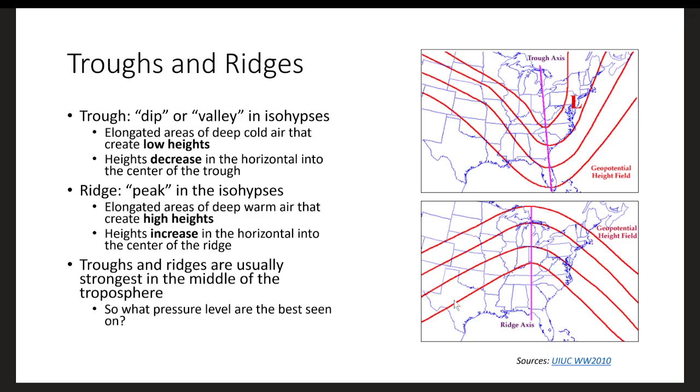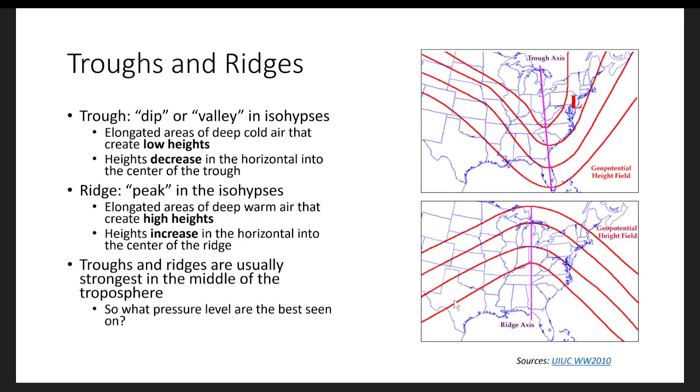I guess you can say that the ridges are strongest, but that's only in certain places. With a trough, you might be able to see it better on the 500 millibars because you have it dipping down. Ridges, I don't know.